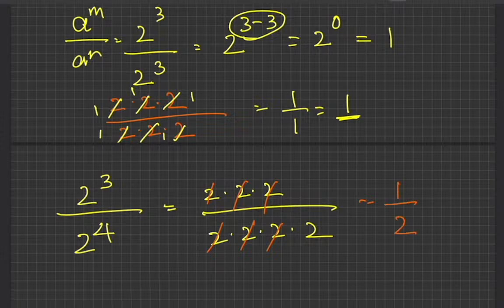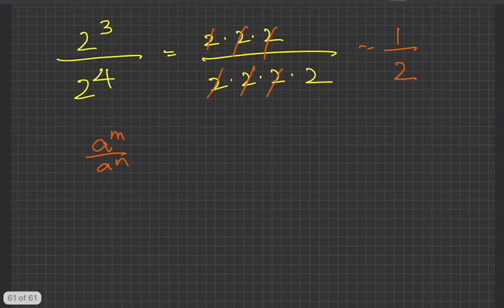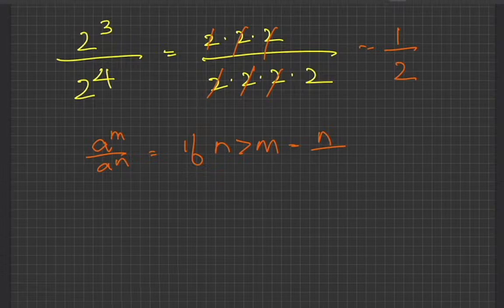So that is why in a to the power m by a to the power n, if n is greater than m, then we have 1 by a to the power n minus m.